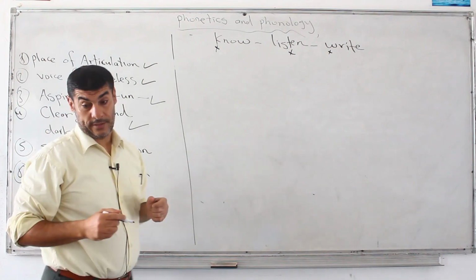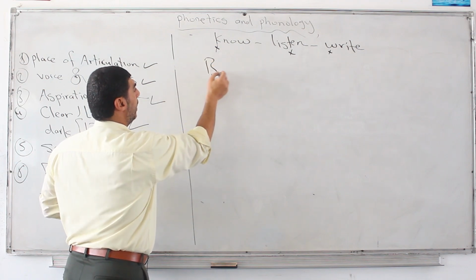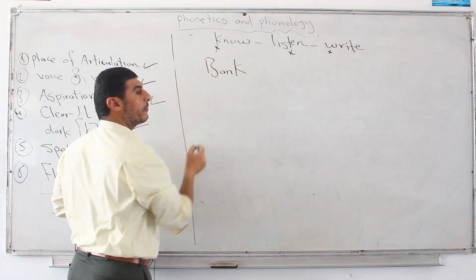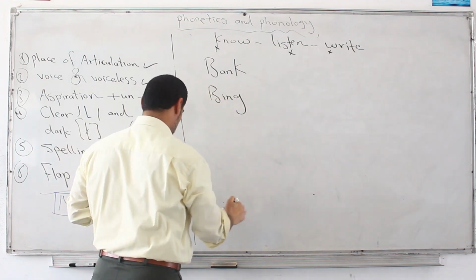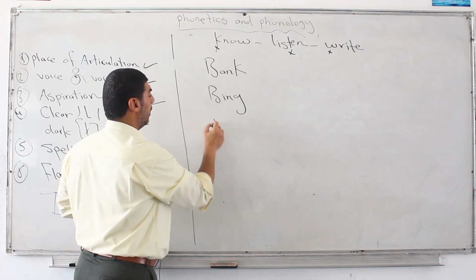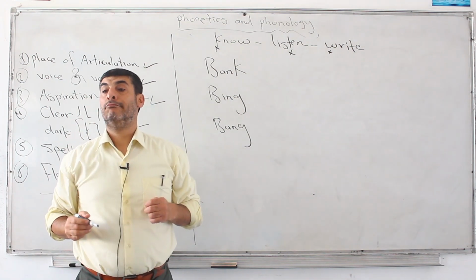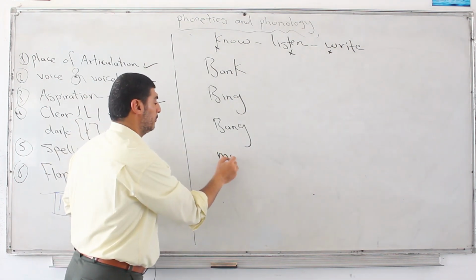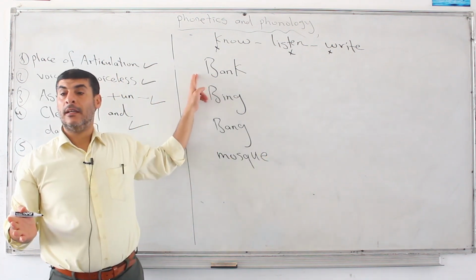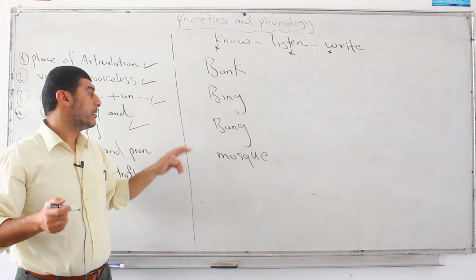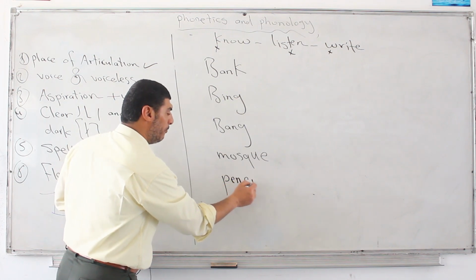What about the other words? The other words, okay? See them? Bank, bing, bang, mosque, okay, so we have bank, we have bing, and bang, mosque, and pencil.